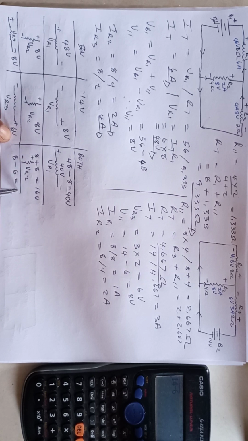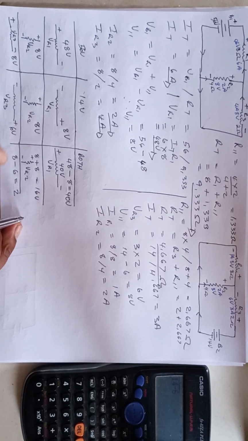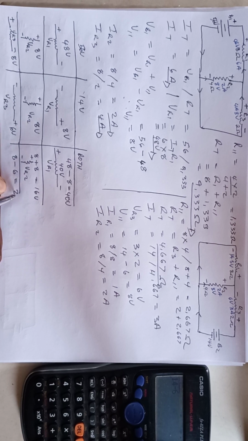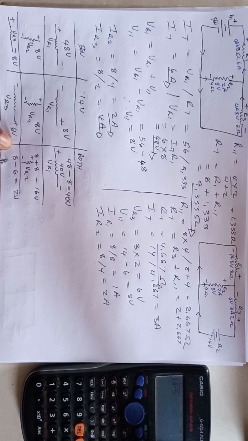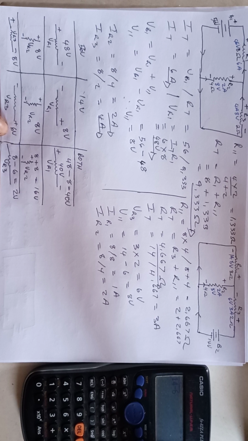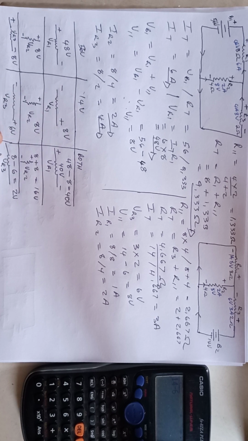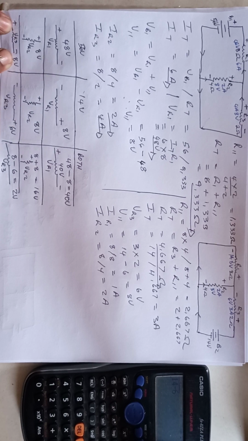This is equal to 2 volts, right? Yeah, 2 volts. So we know that VR3 is 2 volts, and the polarity is going to be the one of this.